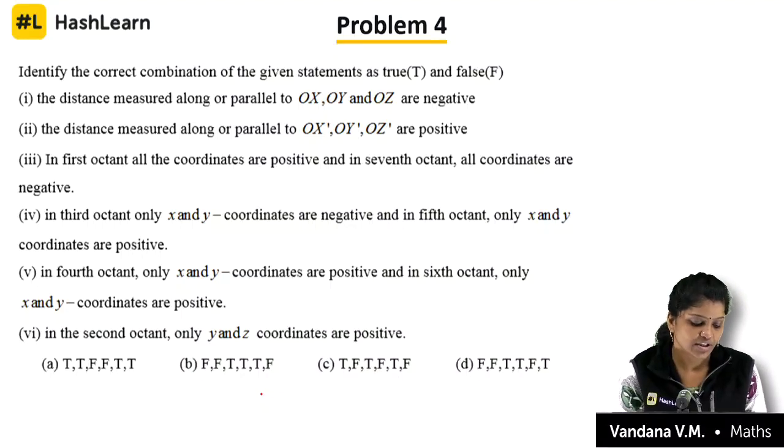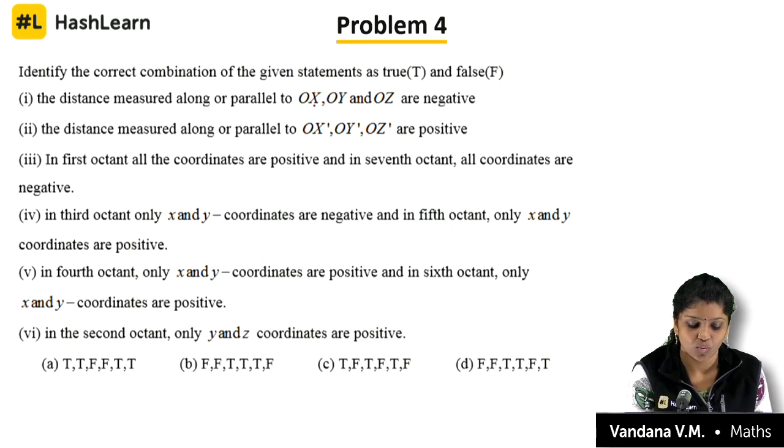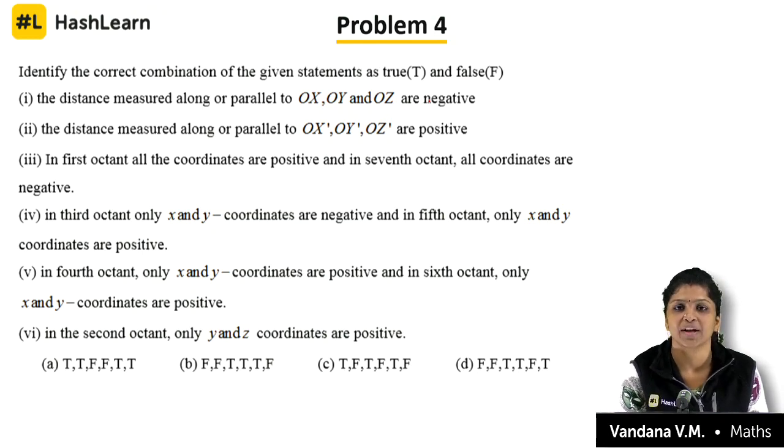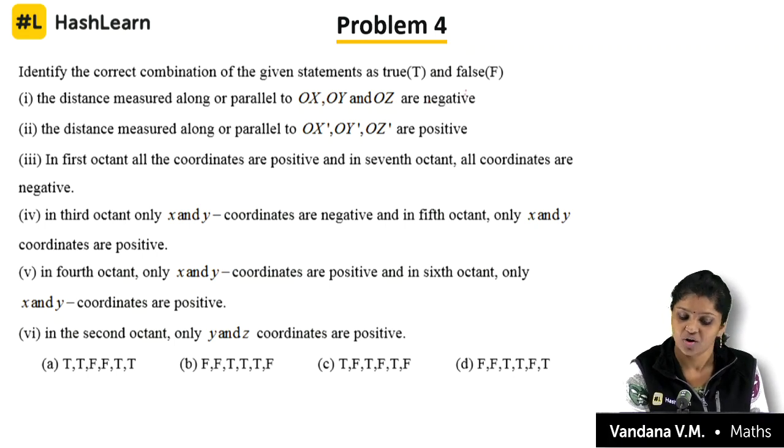Identify the correct combination, true or false. The distance measured along or parallel to OX, OY and OZ, along the x-axis, are you going to take it in the positive direction or the negative direction?